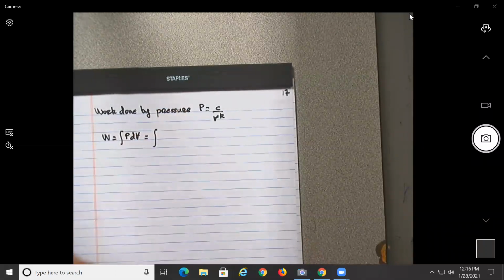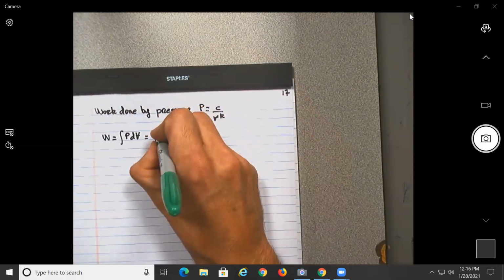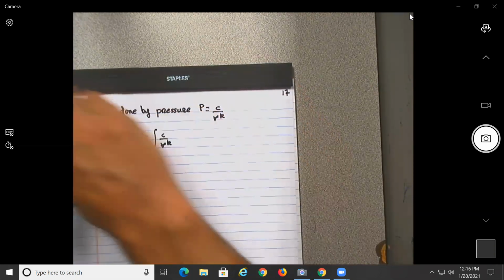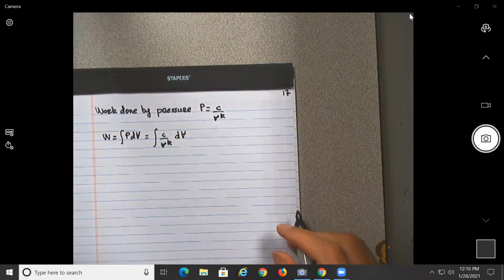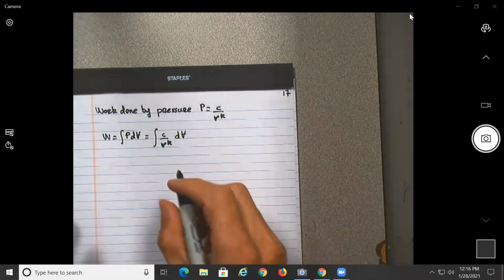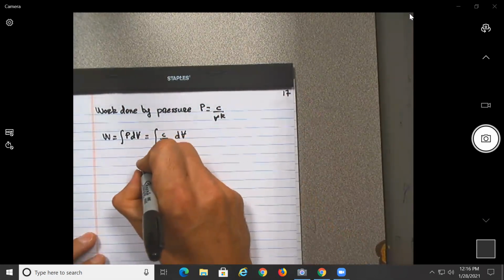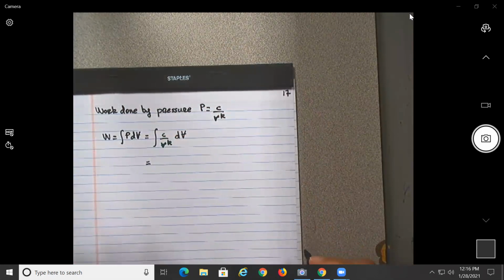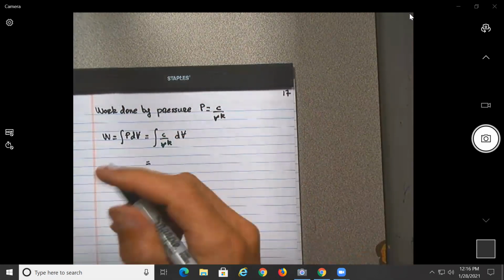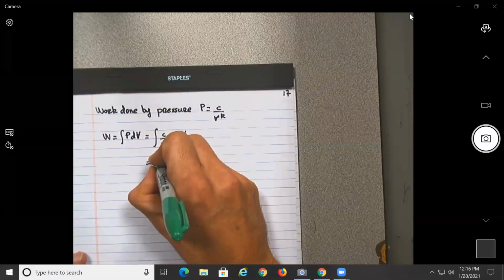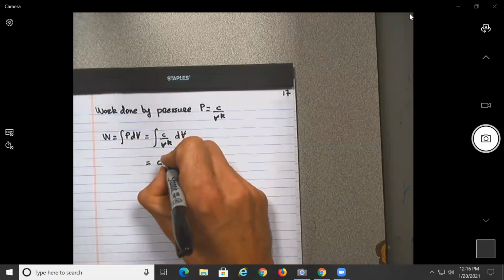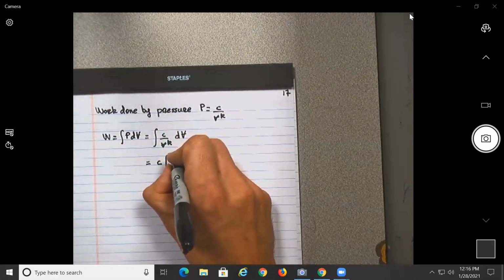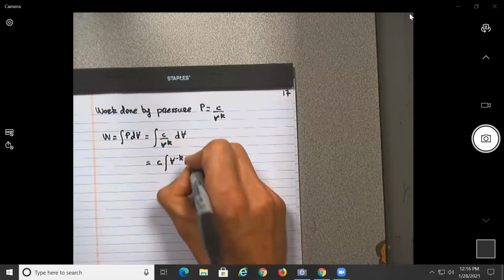P is equal to C over V to the power K, dV. Okay. I'm going to rewrite this a little bit differently to make it easy for you. If I leave it this way, 3/4 of the class don't say anything. If I write it just differently, everybody knows how to do it. So let's say C is a constant. So what can I do with a constant? I can put it outside. This will be integral. And now if I put here, instead of V divided by K, I call it V minus K, dV.